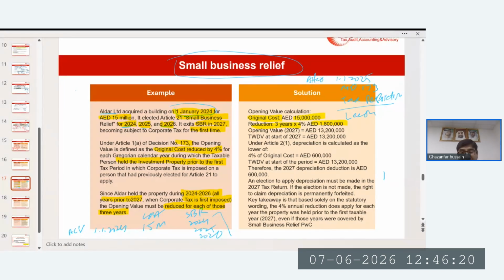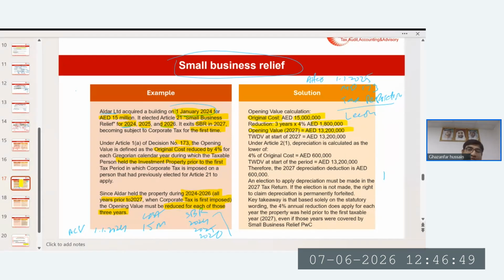So these 3 years, because we didn't calculate or apply Ministerial Decision 173, in the same fashion as we are doing the calculation before the first tax period, we are calculating the depreciation and subtracting it to arrive at the opening value, that is the tax written down value.